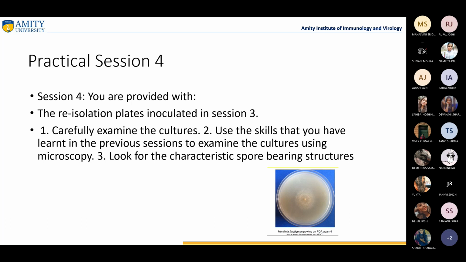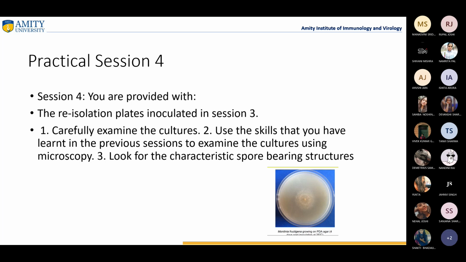So here we are proving the pathogenicity of a particular pathogen, that it is infecting this apple. Now we can say with 100% surety that this particular fungus is causing the brown rot of this particular apple or plant. So this is how we prove the Koch's postulates.